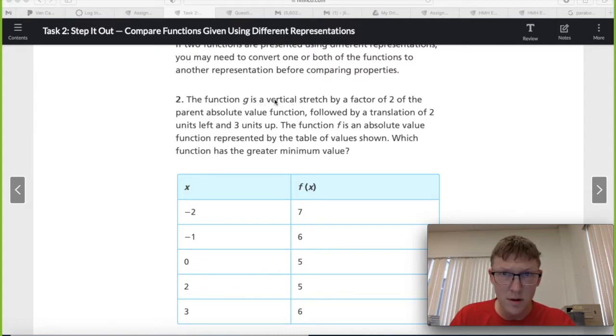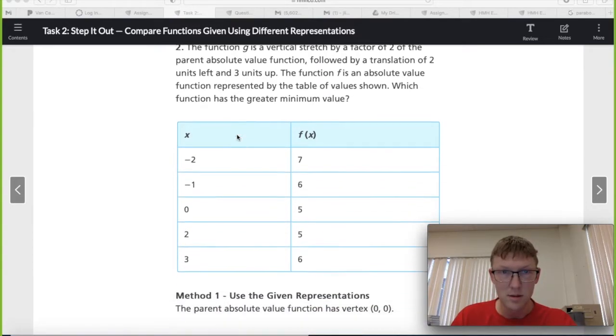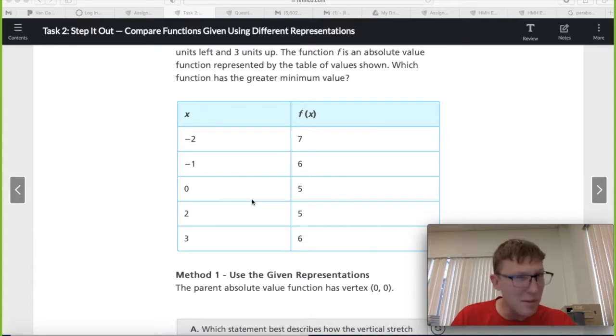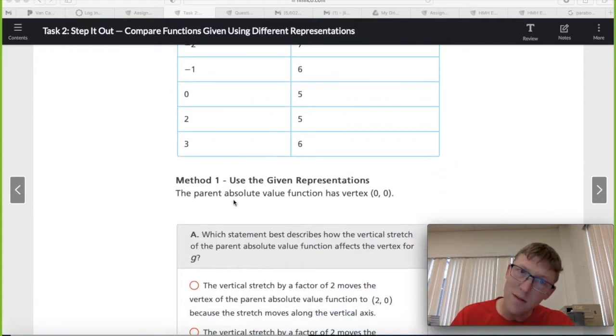This one, it's a vertical stretch of the parent absolute value function followed by a translation, 2 units left, 3 units up. So the minimum for this first one is 3, because it only moved 3 units up. So the vertex is going to be at y equals 3. The vertex here is probably going to be around 4, but it's hard to say.